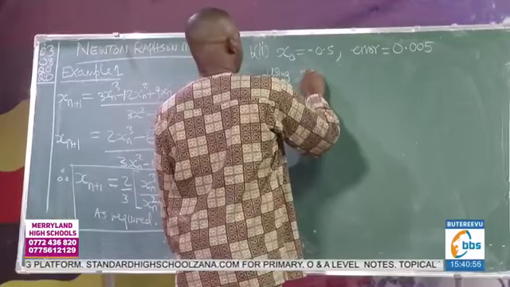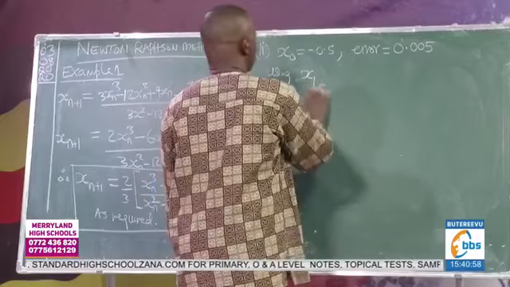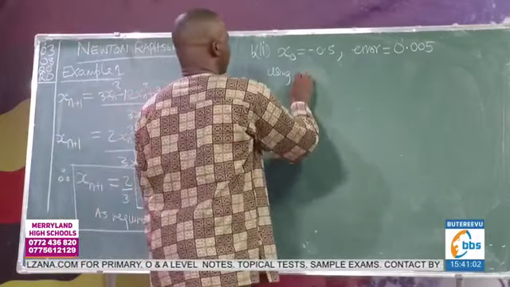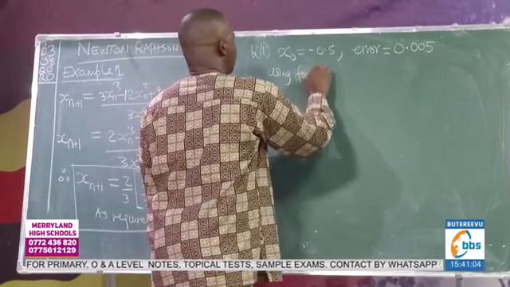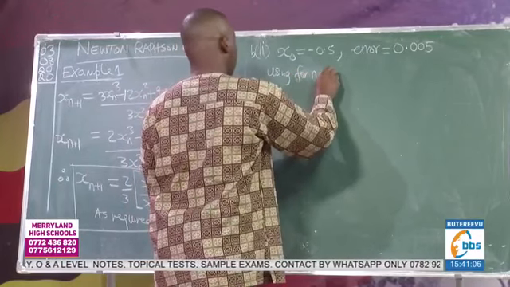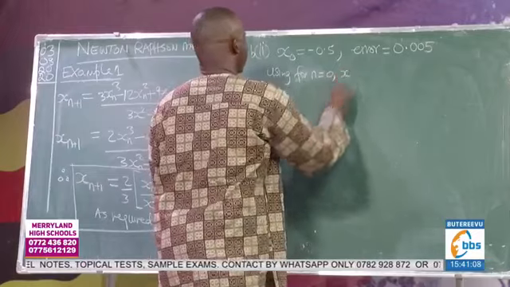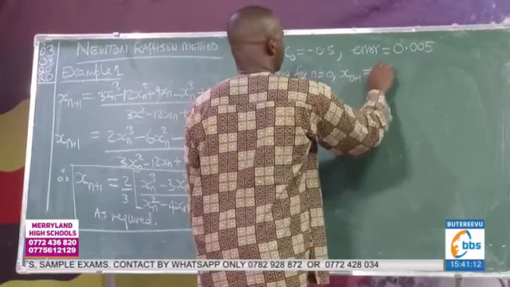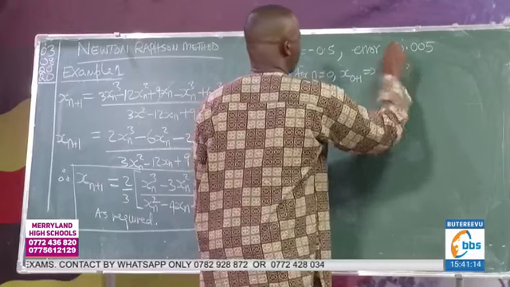My first approximation, which is x1, that is, for n equaling 0, my x0 plus 1 will give me my x1, which we want to get.